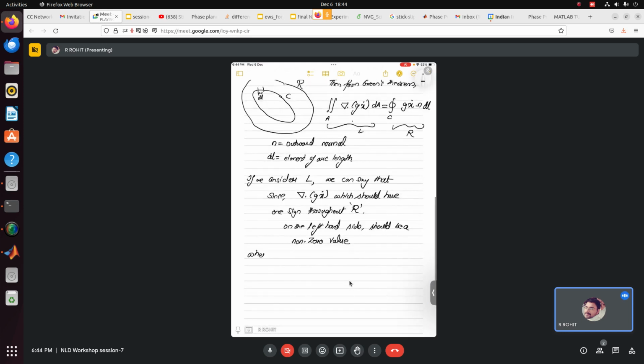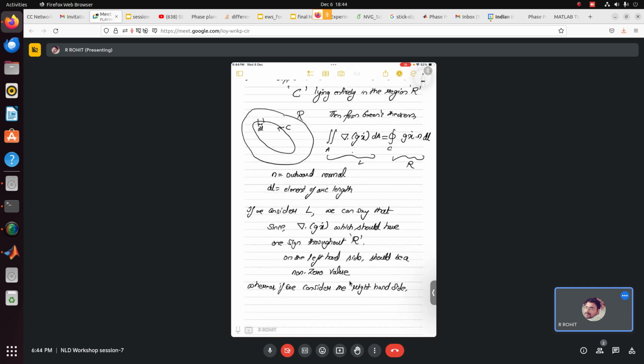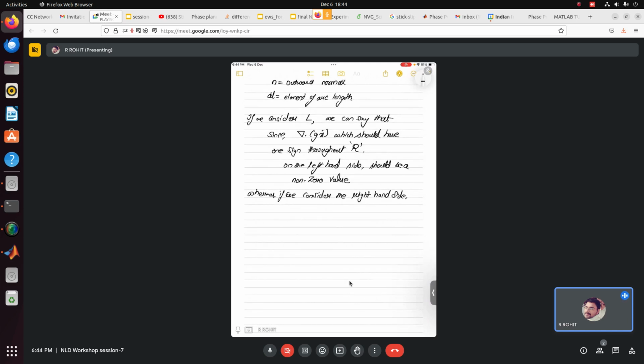Whereas if you consider the right hand side, and if we say that this c is a trajectory of the system, then any tangent to the system will give you the x dot velocity, whereas the normal vector n will be perpendicular to this x dot, since you are considering c as a trajectory of the system.